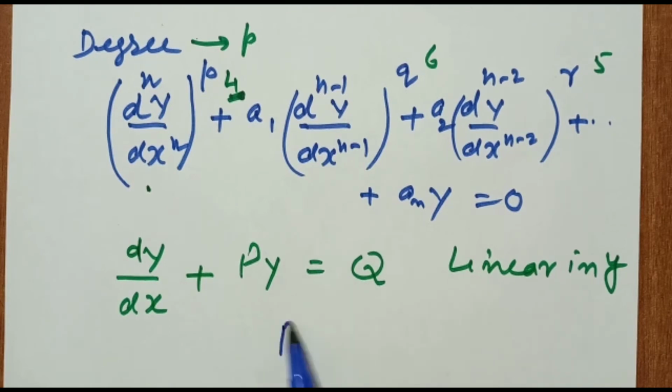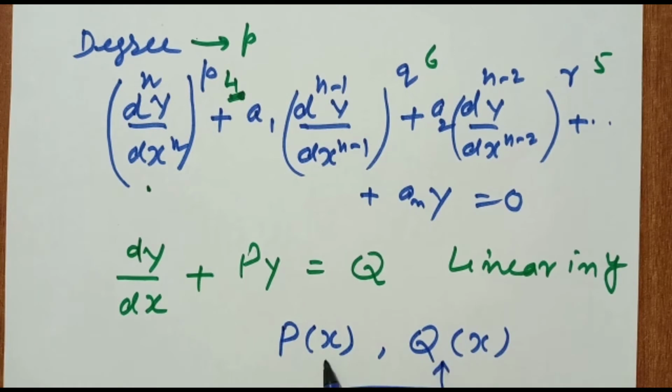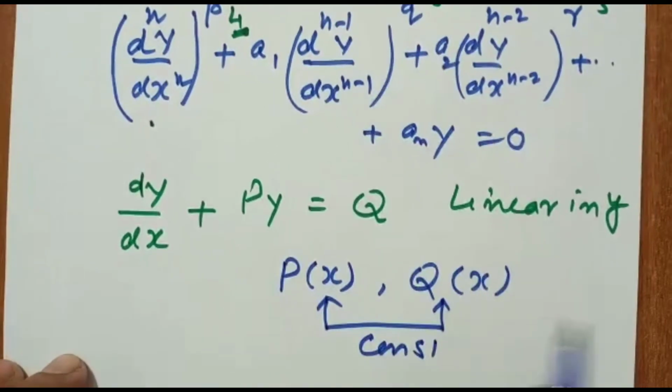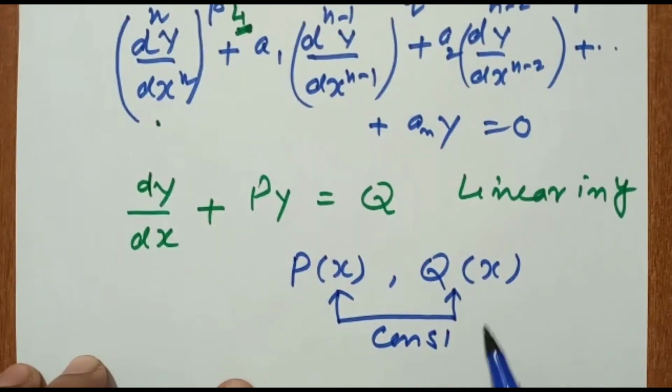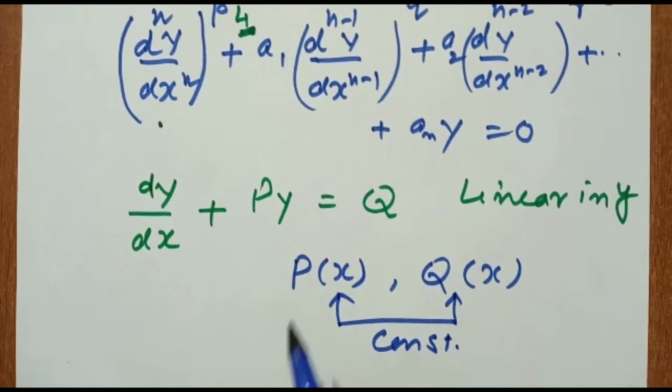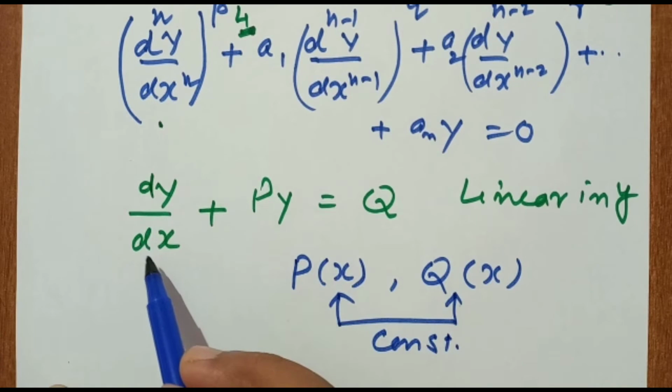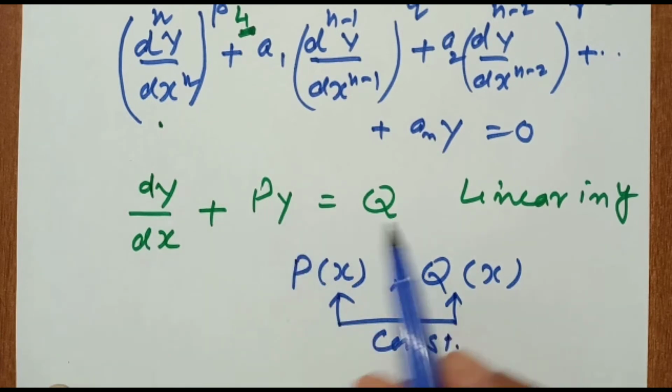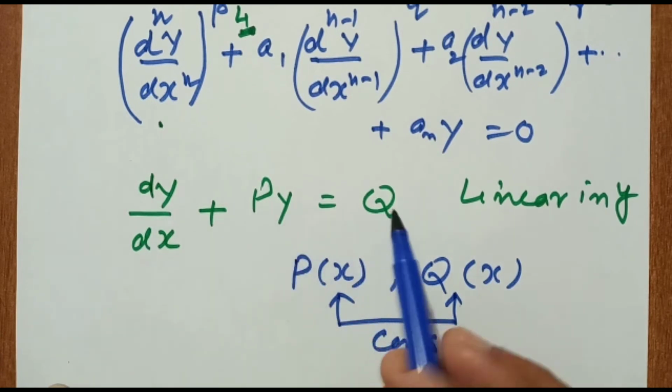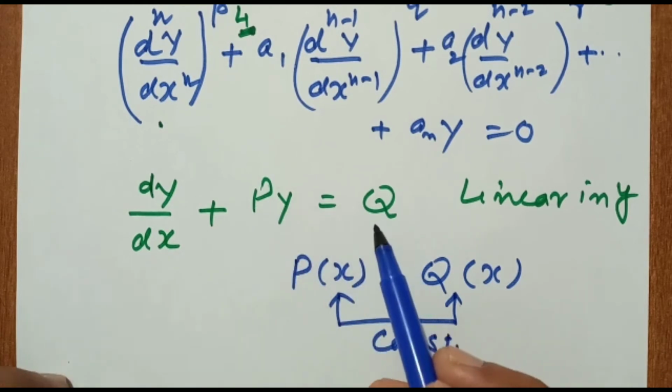That means p is a function of x only, and similarly q is a function of x only, or these are constants. Both possibilities are allowed.